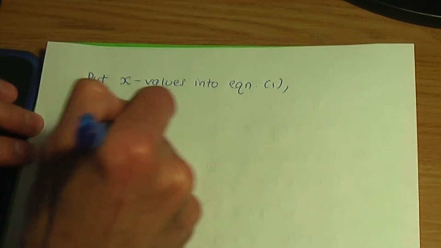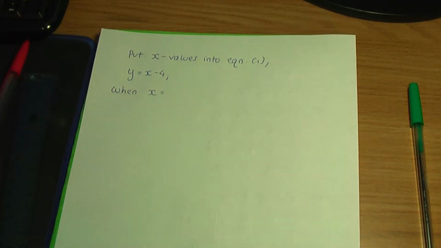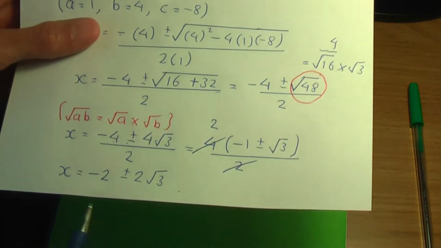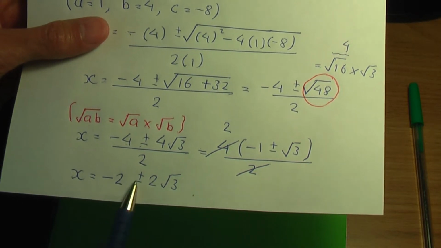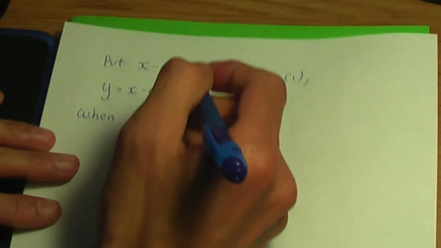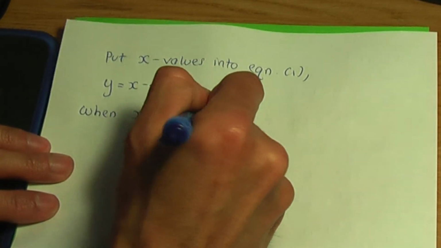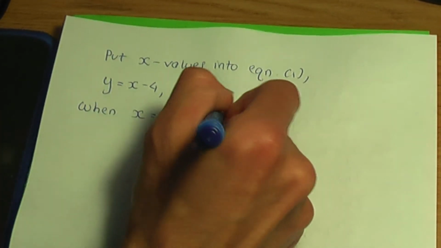First of all, let's work out the corresponding y for when x is minus 2 plus 2 root 3.